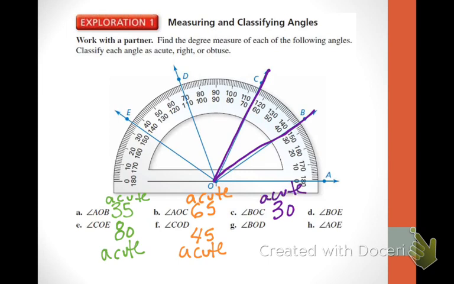She wants to answer BOD. Okay, then throw it to someone else. BOD. So letter G. 75 degrees. Do we agree? Yes, which would make it acute.